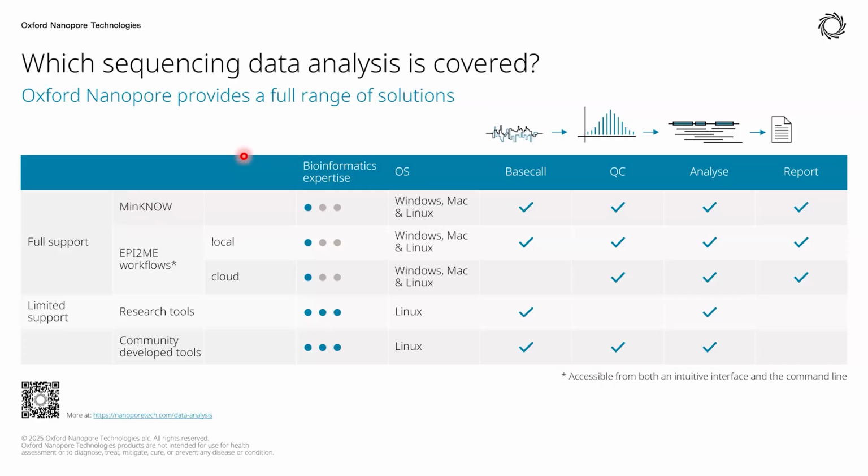It's controlling the sequencing, and also performs base calling, including methylation, and quality control analysis of the run in real time. There is also a limited number of real-time analyses enabled with this software, for example, aligning to reference.